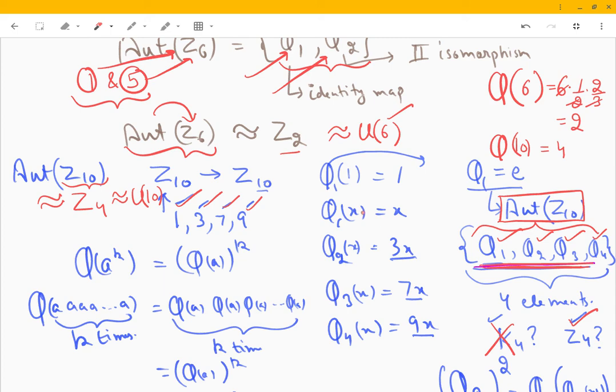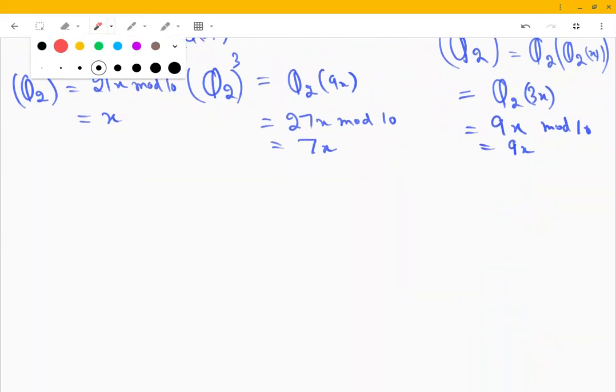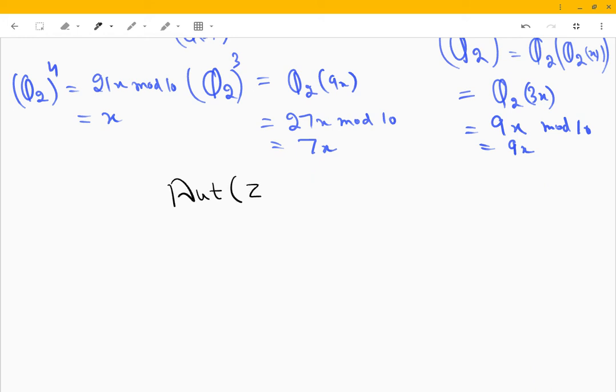Okay, so we can safely conclude that automorphism of Zn is isomorphic to Un. But this in itself is a group whose elements are isomorphisms from Zn to Zn. Right?